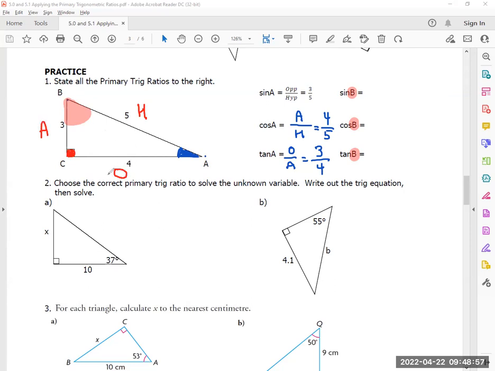So this is A, that's O, and that's H, which means my sine, remember, it's SOHCAHTOA. Write it out. Sine uses the letters O and H. Sine is a relationship of opposite over hypotenuse. It's 4 over 5. Sine of angle B will always give me a ratio of 4 over 5.